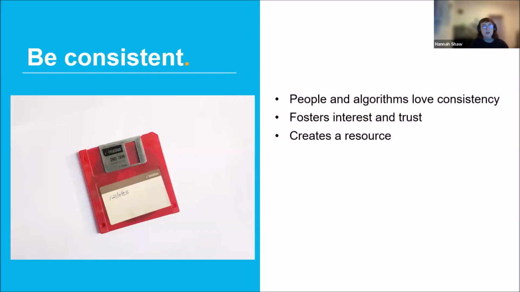So that could be picking one platform that you want to start on. Like, we're really going to focus on our Facebook. Or maybe if you're a more business networking club, we're really going to focus on LinkedIn, because it's easier to tackle one thing and gain your footing there than try to tackle all these different platforms at once.